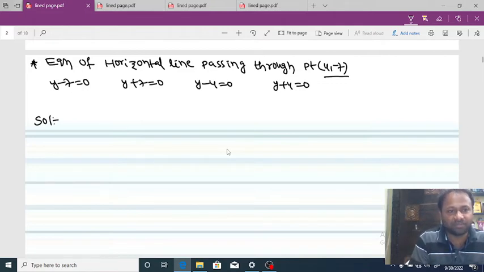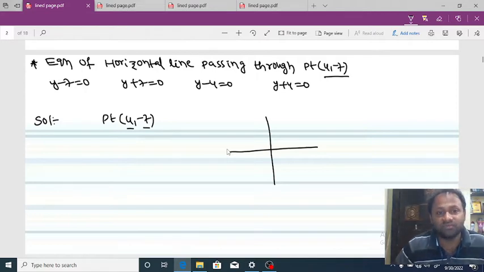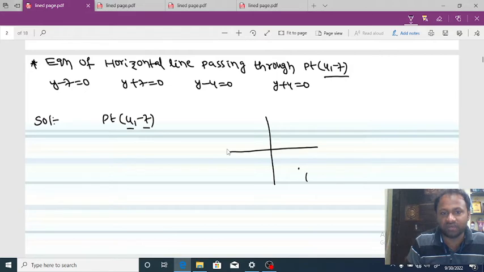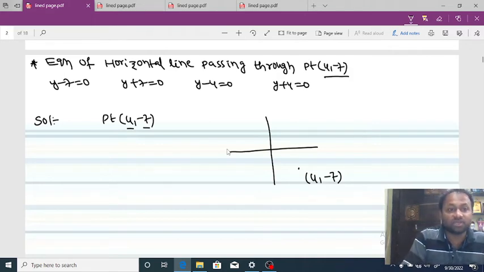What is the point given? The point is the ordered pair 4 comma minus 7. Right? I will represent it here, 4 comma minus 7. In the starting class I told you in which quadrant this point lies. This point lies in the fourth quadrant. The point 4 comma minus 7 will be in the fourth quadrant. Here the question asked for the horizontal line.